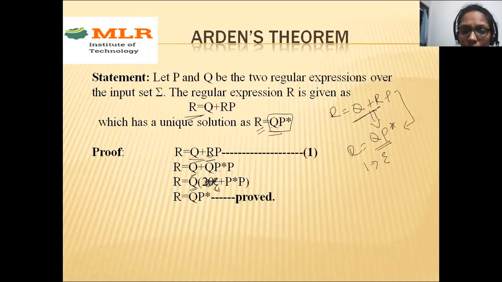That's why instead of one I'm taking epsilon plus P star P, epsilon plus P star P. Now what is epsilon plus P star P? If you observe the previous identity rules, the solution for this is P star. So Q is written as it is, but instead of that you're writing QP star. But QP star is proved.